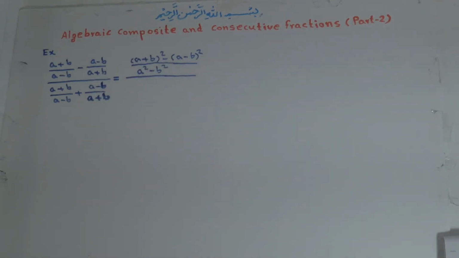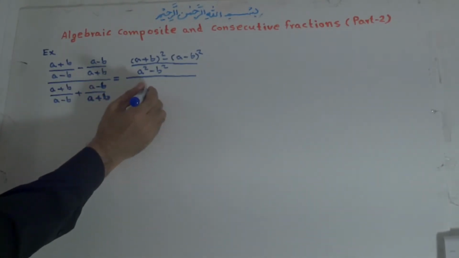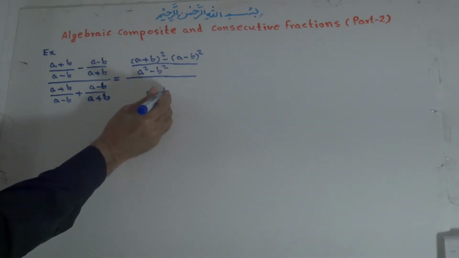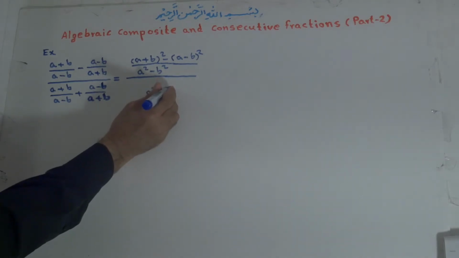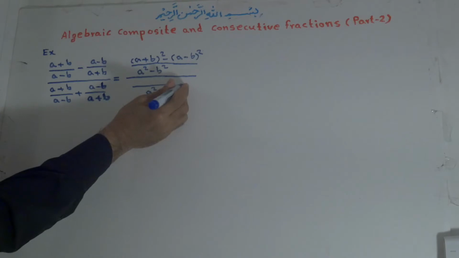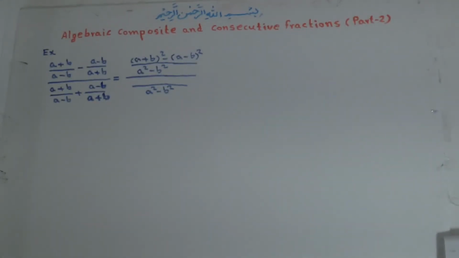Now we solve for the denominator. A minus b times a plus b is equal to a squared minus b squared. A squared minus b squared divided by a minus b becomes a plus b.